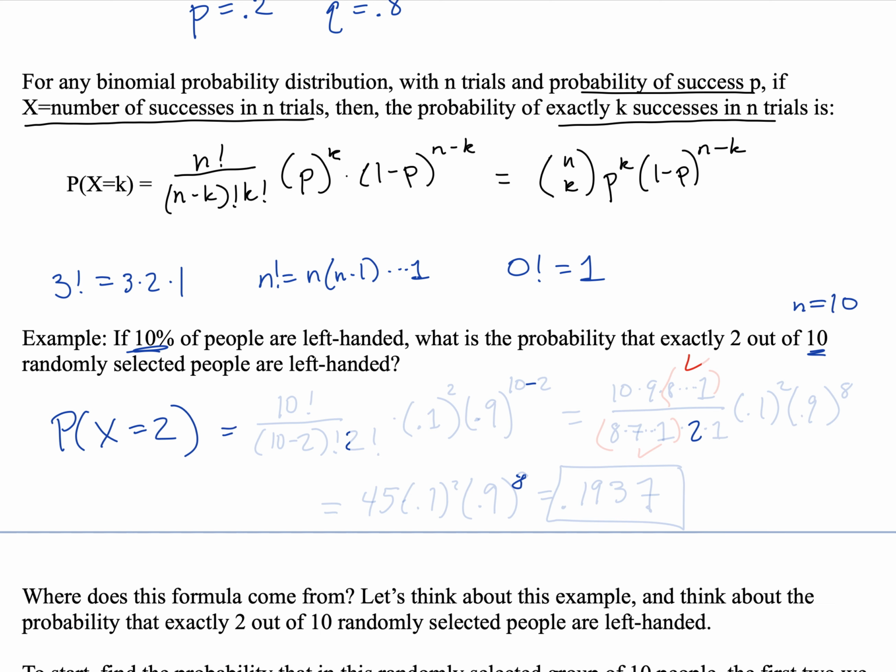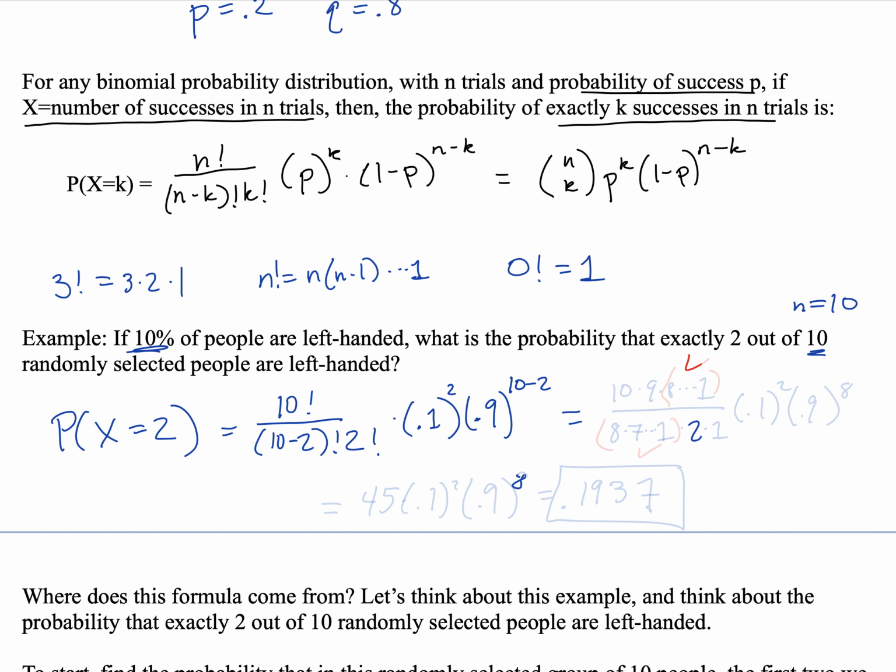So the probability that there are exactly 2 left-handed people in this set of randomly selected individuals would be 10 factorial over (10 minus 2) factorial times 2 factorial, multiplied by the probability of success, 0.1, to the kth power, which is 2, times the probability of failure, 1 minus 0.1, which is 0.9, to the n minus k, which is 10 minus 2.